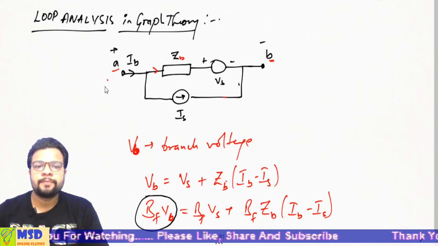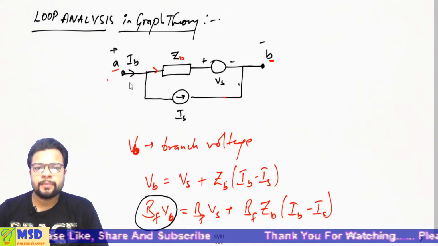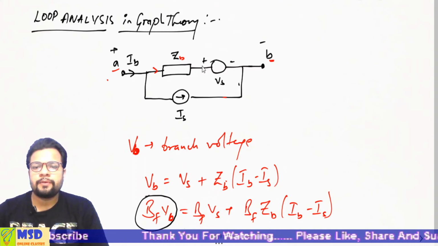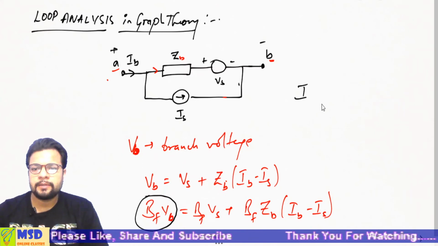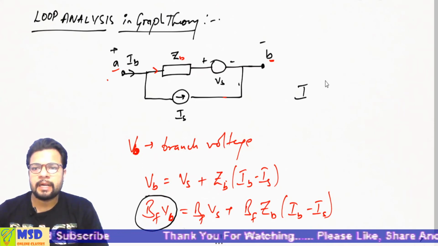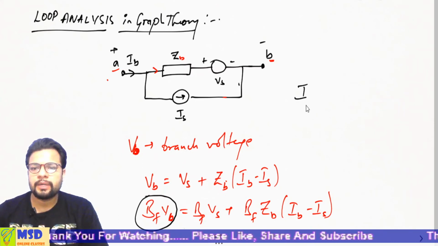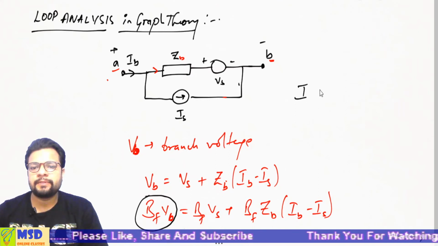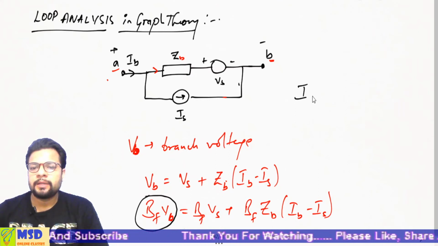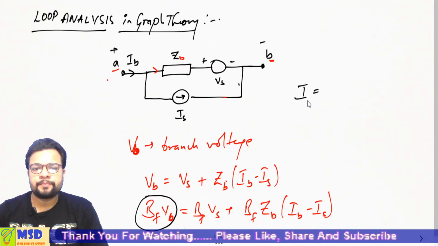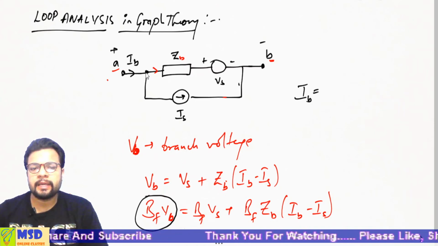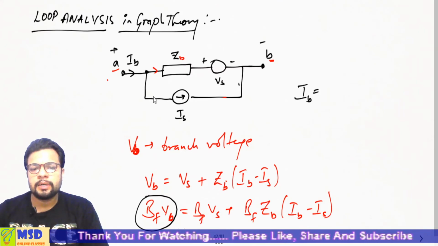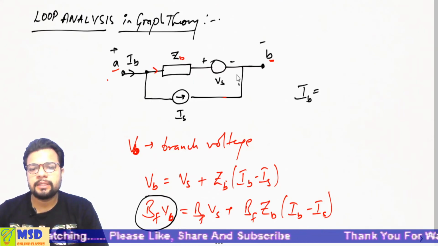See this network. If I want to write the value of IB in terms of other admittance form, if I want to write current I as a function of V and Y, I can write it as: writing KCL, IB is equal to IS plus the current flowing in this branch.